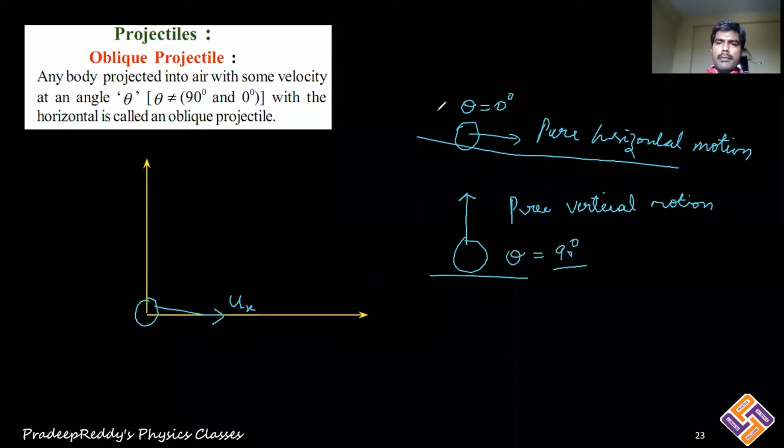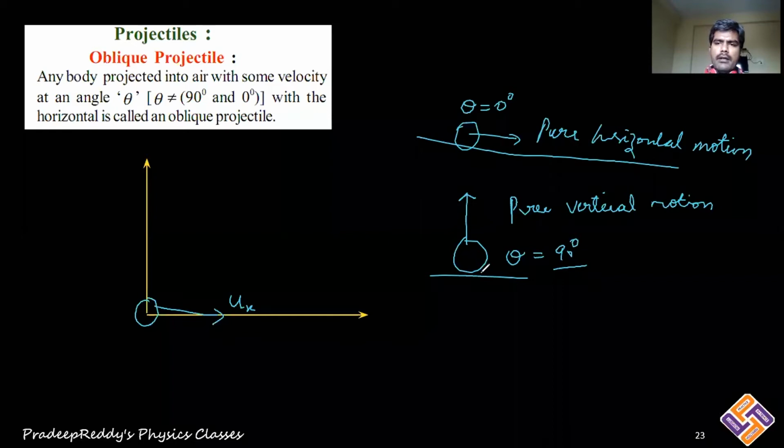If the velocity vector is projected at 0 degrees with horizontal, it is pure horizontal motion. If it is projected at an angle of 90 degrees with the horizontal, it is pure vertical motion. About horizontal motion and vertical motion, we have discussed clearly in the earlier video sessions.